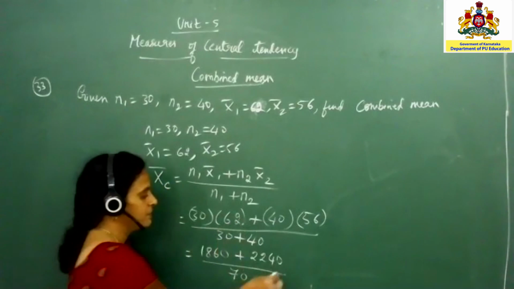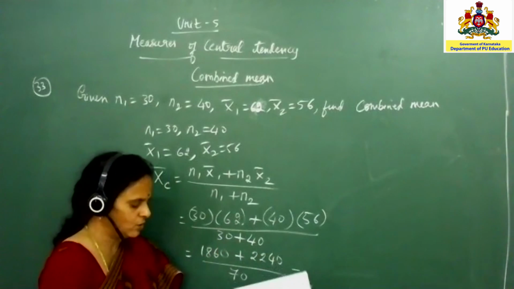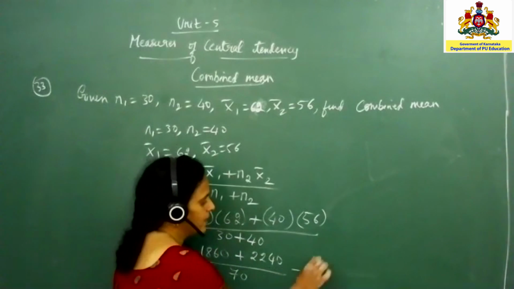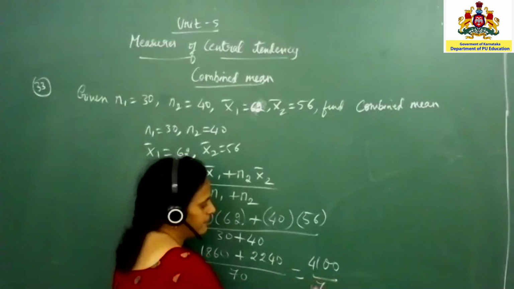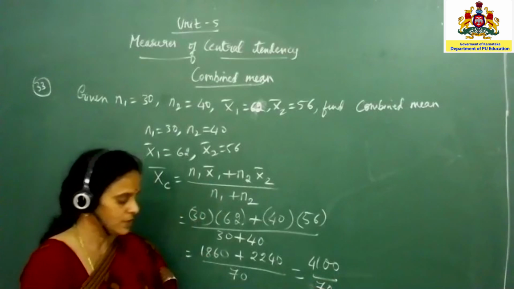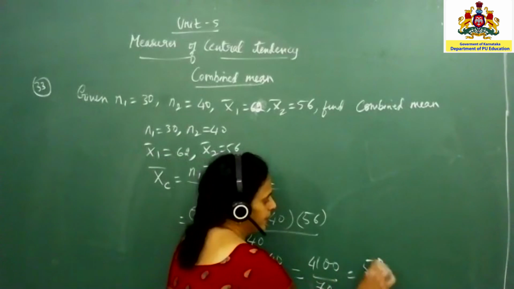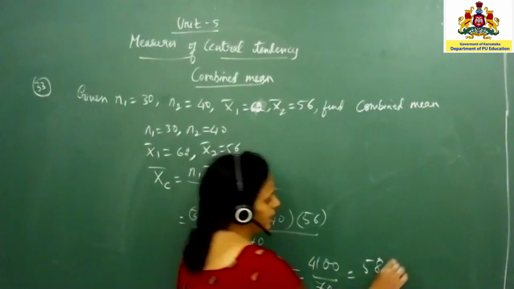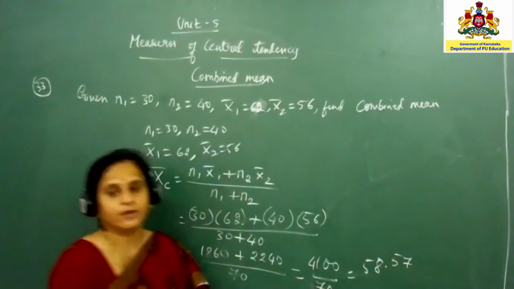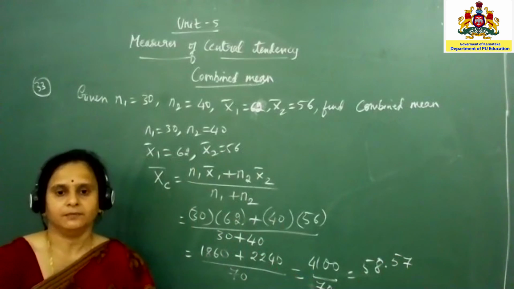One more simplification: I add 1860 plus 2240 and get 4100 divided by 70. Now dividing 4100 by 70, I get 58.57. So this is the way we carry on in order to get the combined arithmetic mean.